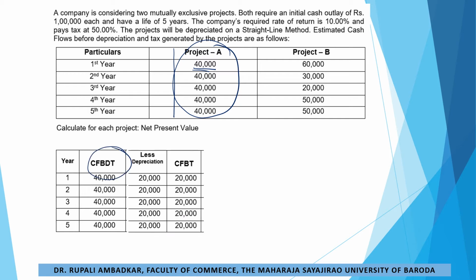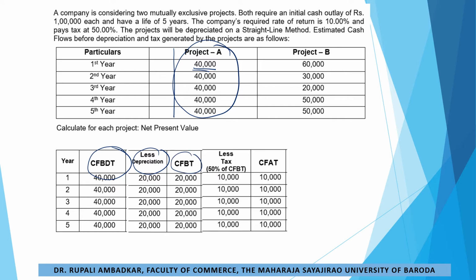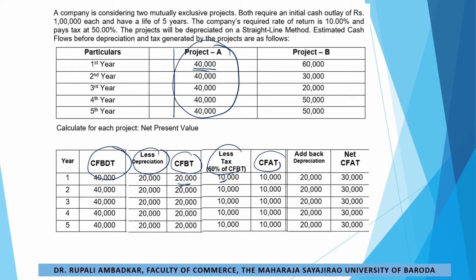Then we deduct depreciation, so we have cash flow before taxes. Then we deduct our tax, which is 50% of 20,000, so we have 10,000 as tax. So we have cash flow after taxes. We add back our depreciation to represent true cash flows, and our net cash flows will be 30,000 per year.